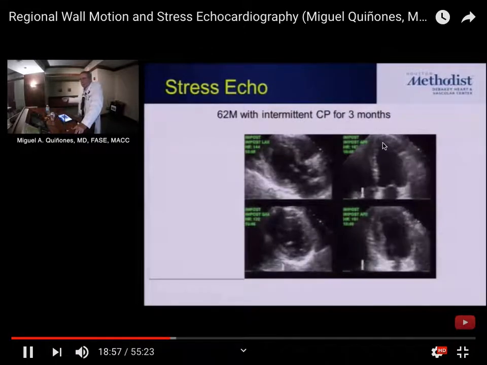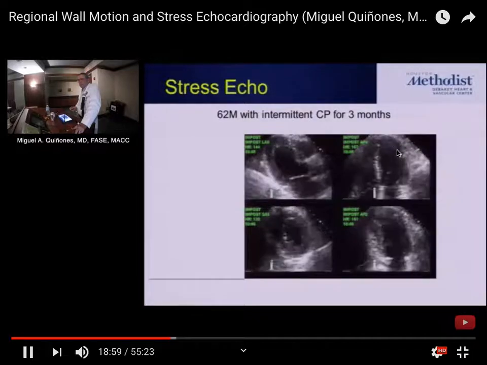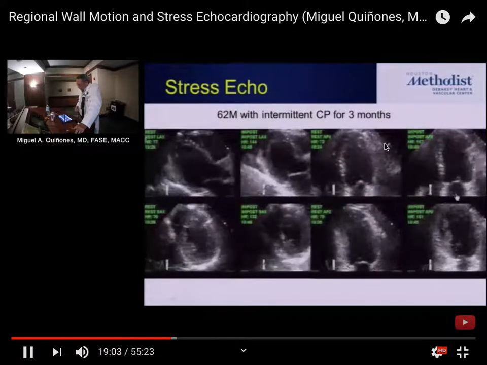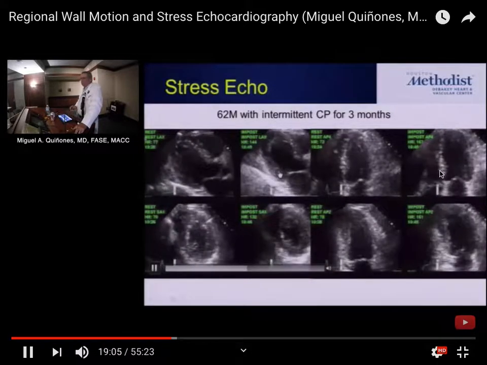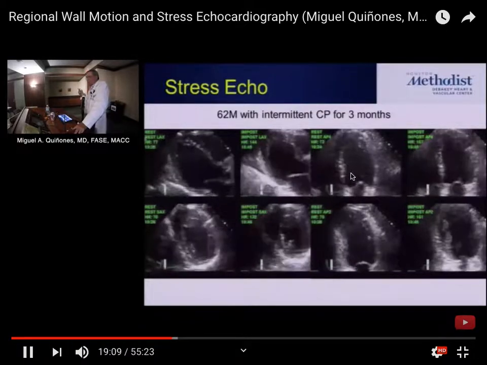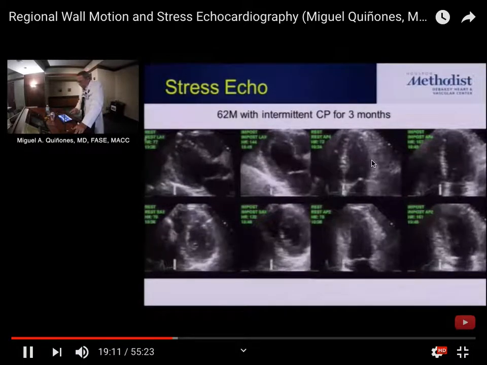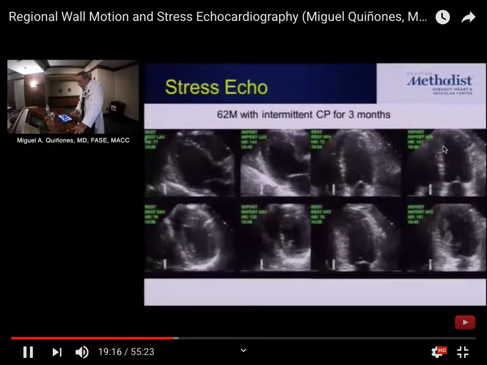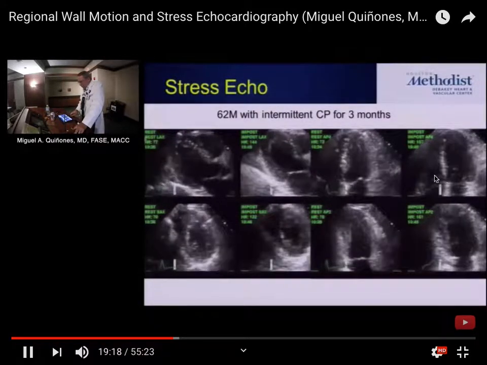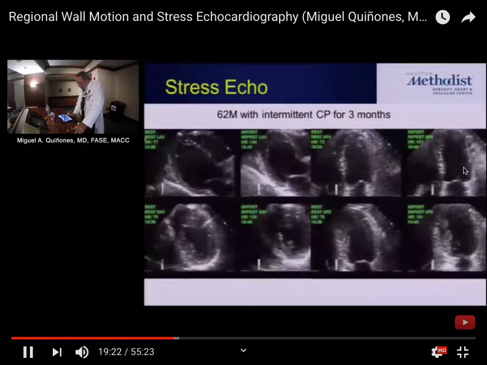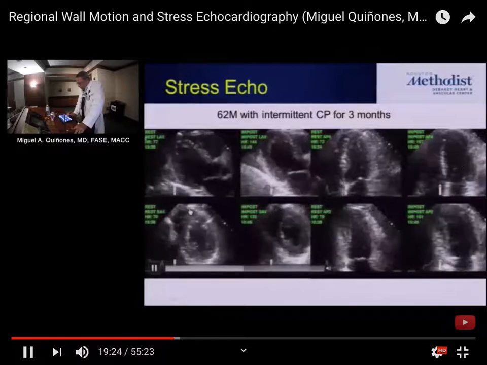Right? But it looks to me like there's possibly a reduction in shortening. And you look at this, there's a real reduction in shortening here, right? Compared to here. So you see how the heart's contracting down normally here, and then post-stress, that wall basically stops contracting. So compare that motion to that motion. And so that would be a positive stress test.